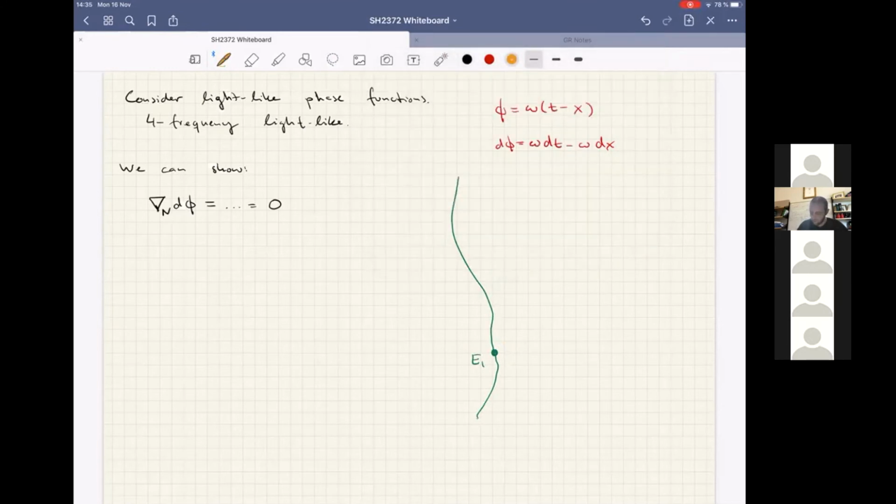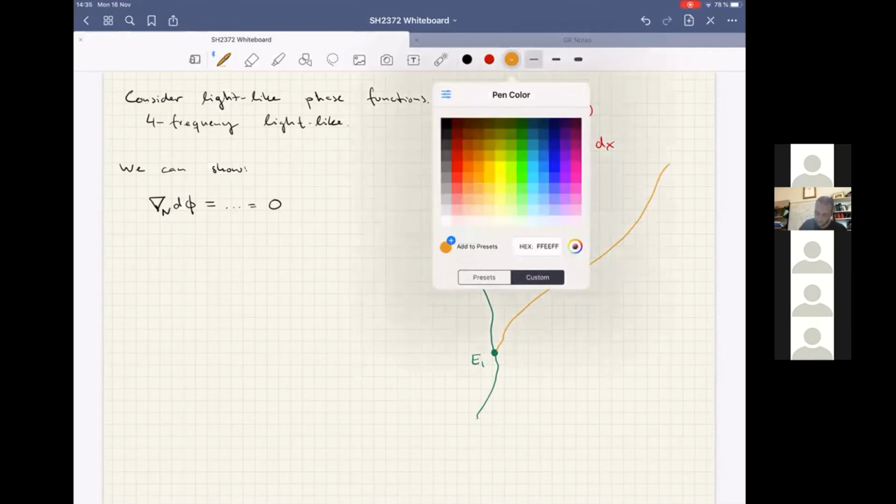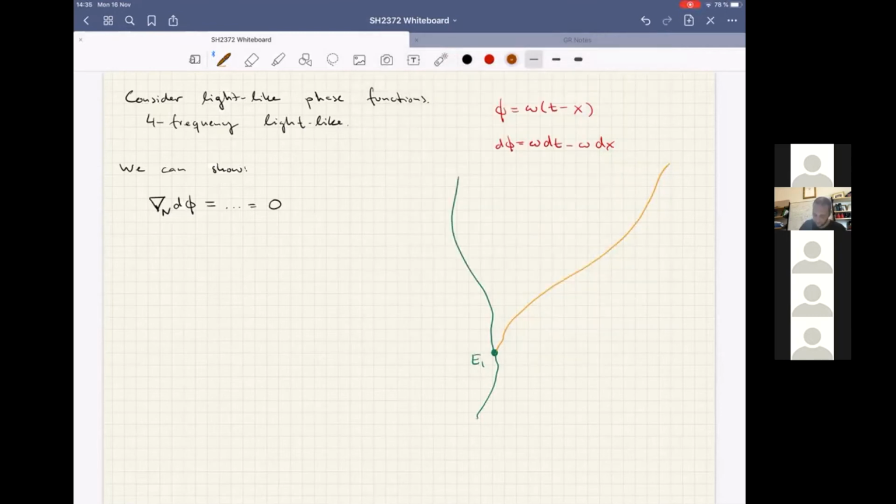And we a priori don't know how that light signal goes out, but the tangent vector of this light signal, or this path, is always going to be this n.